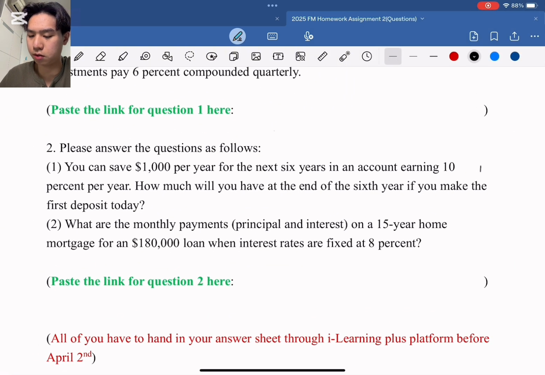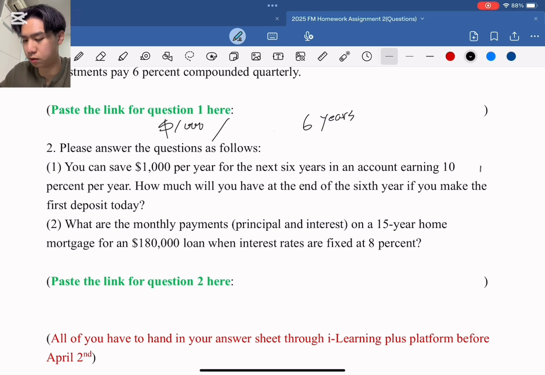Next question. We save 1,000 per year for the next 6 years.